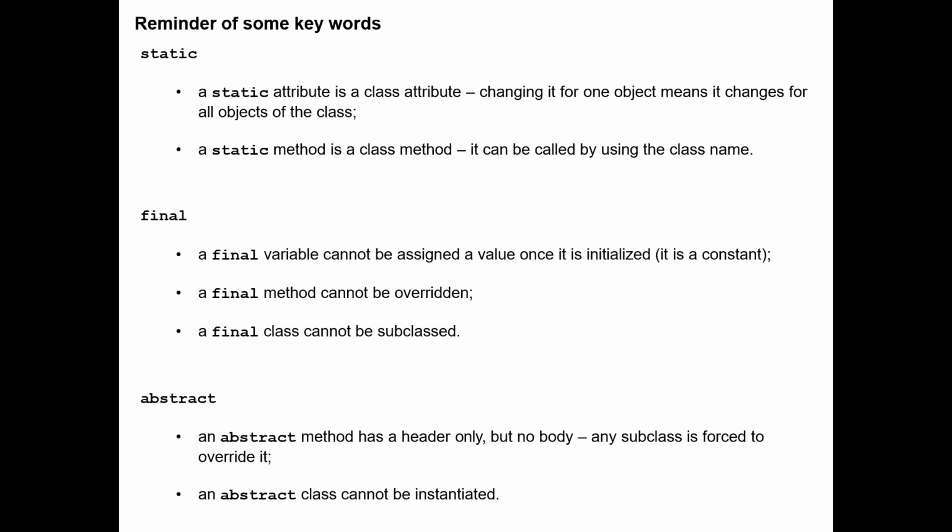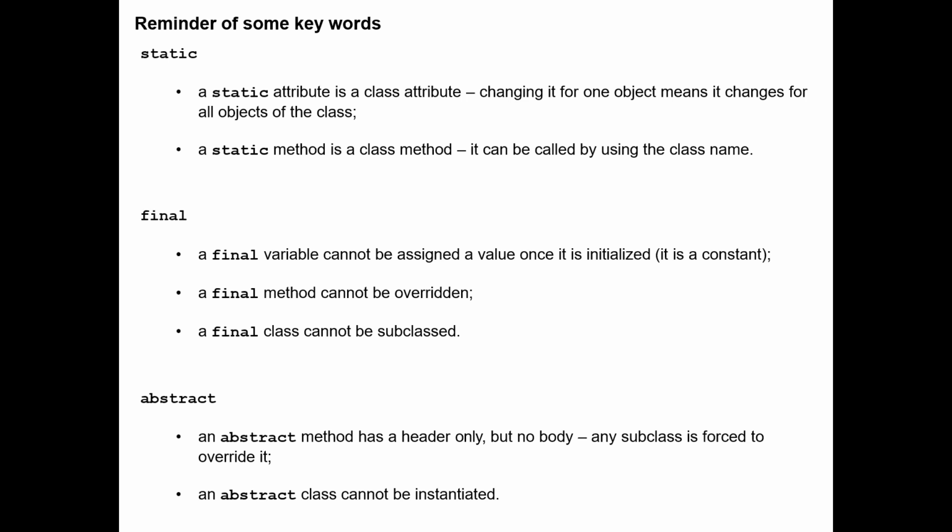Static: a static attribute is a class attribute, so changing it for one object means it changes for all the objects of the class. As we can tell from the name, static means it is not really dynamic. Once it's there, it stays there. A static method is a class method, which can be called by using the class name. So whenever we declare a name, we can use that same one because we have declared it as static.